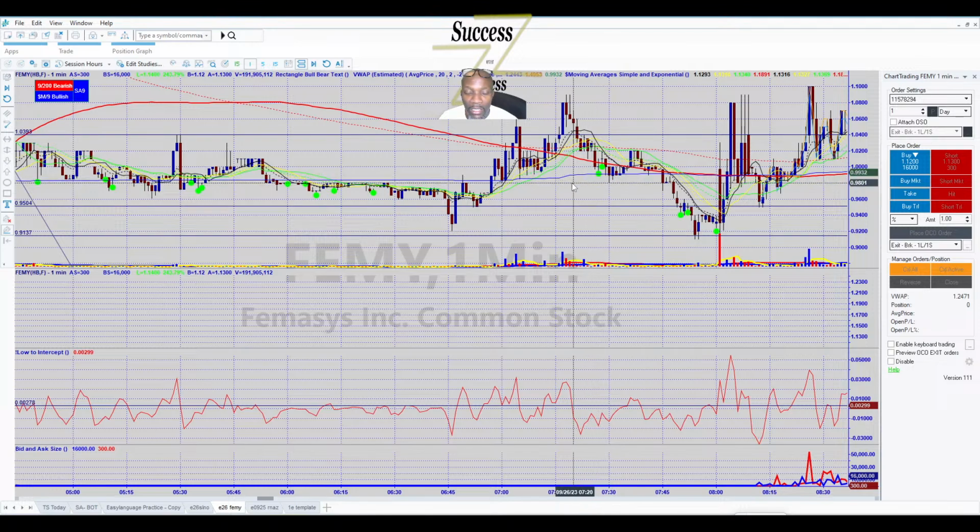I could easily see saying that this level here would be your stop. That would have been pretty tight. That might have been stopped out.